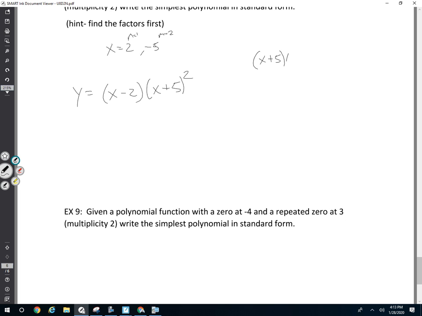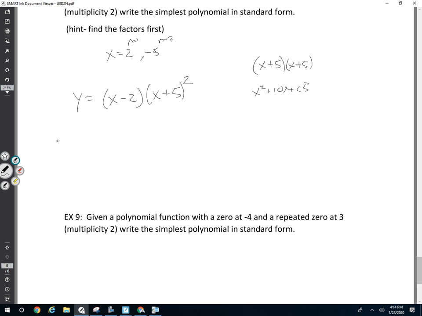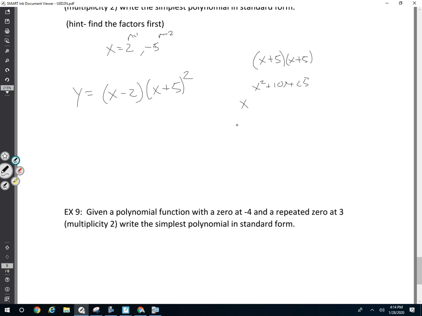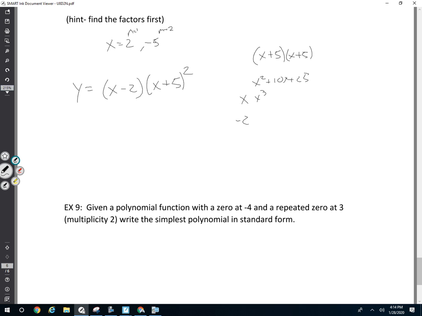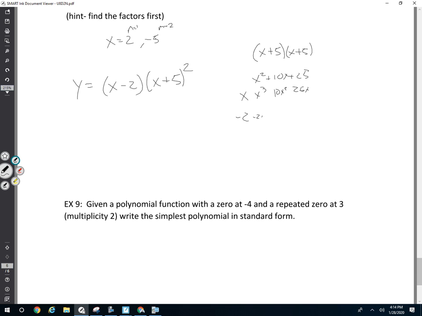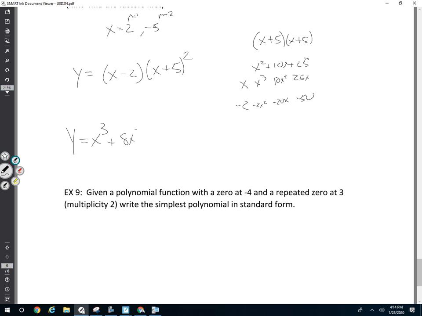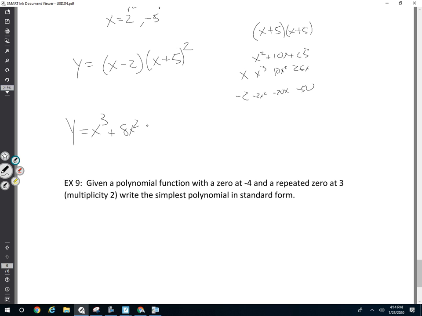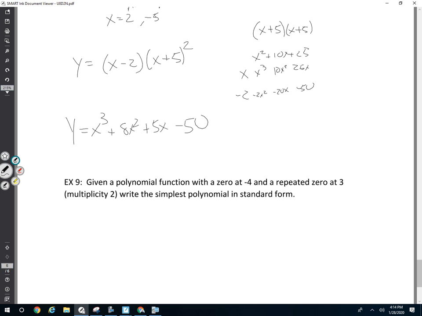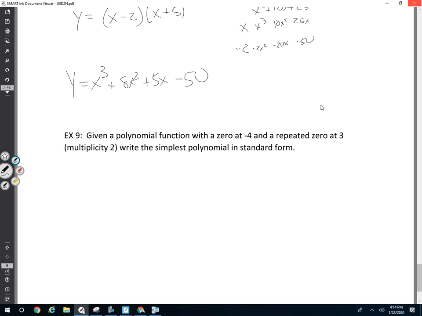I need to square x plus 5, x squared plus 10x plus 25. Then I need to take x minus 2 and multiply it by that. I get x cubed, 10x squared, 25x, -2x squared, -20x, -50. This is x cubed plus 8x squared plus 5x minus 50. Okay, that's it. We'll stop at that one.